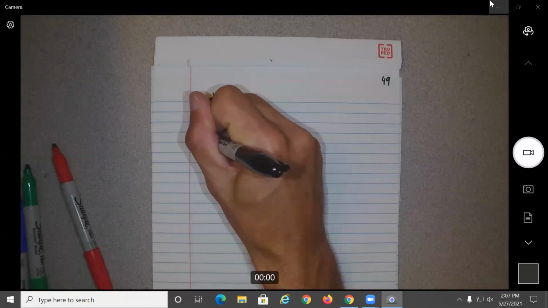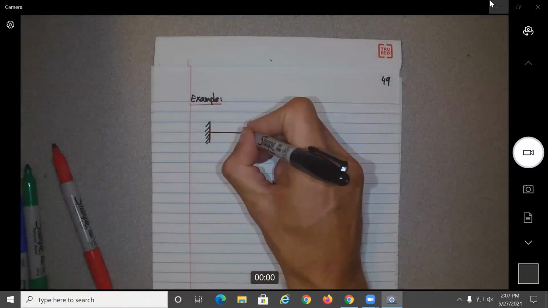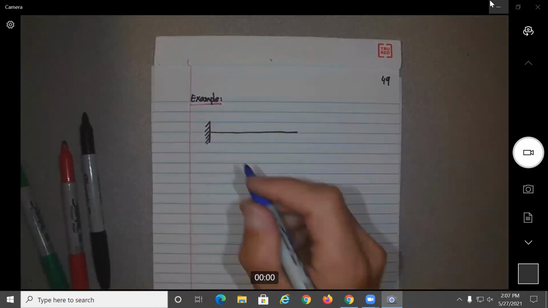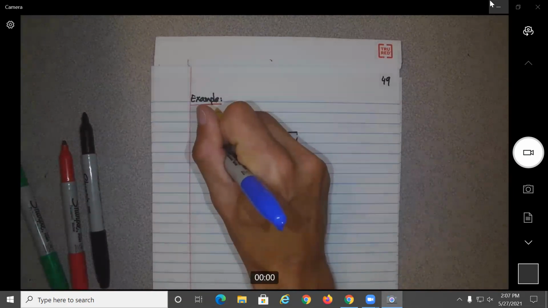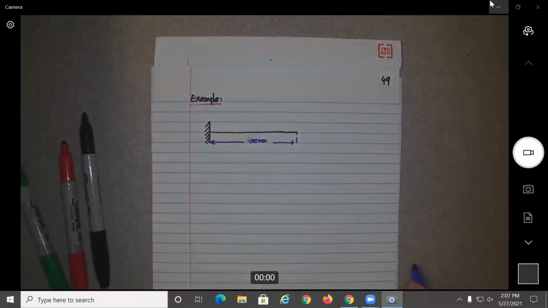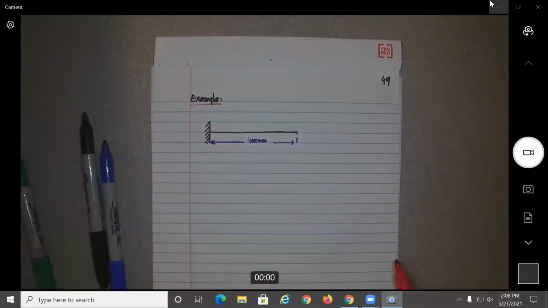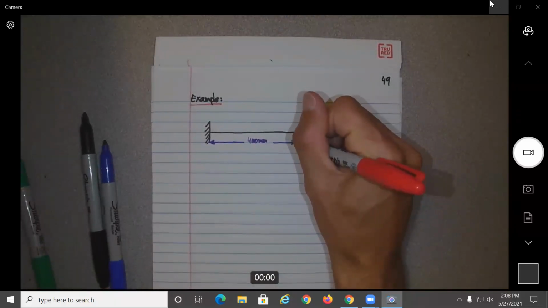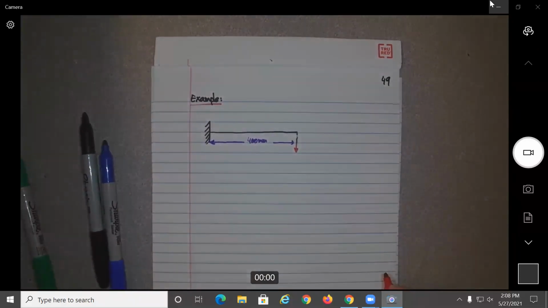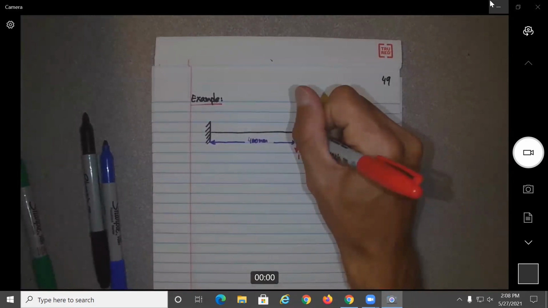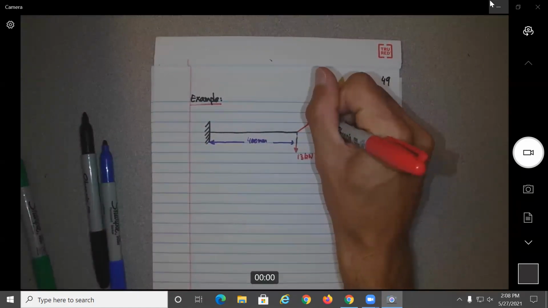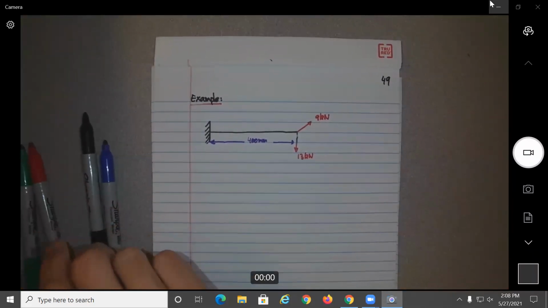So there is a beam over here, which is 400 millimeters long and has a force here of 13 kilonewtons and a lateral force over here of 9 kilonewtons.